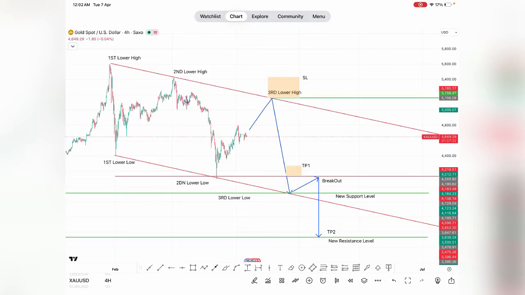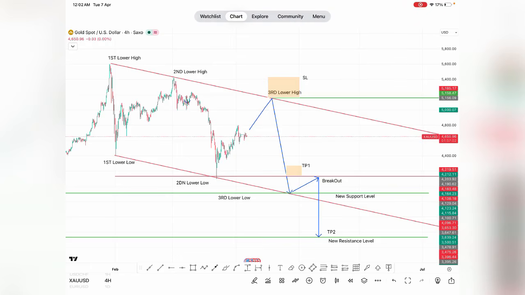I believe you now understand what it means to see a lower high and a lower low, and a higher high and a higher low. We know where the market breaks out and either a continuation trend or a new trend is formed.